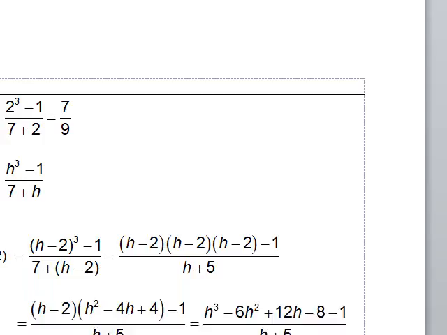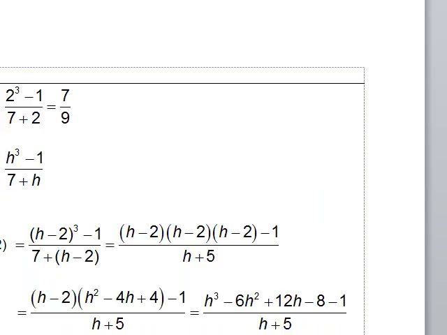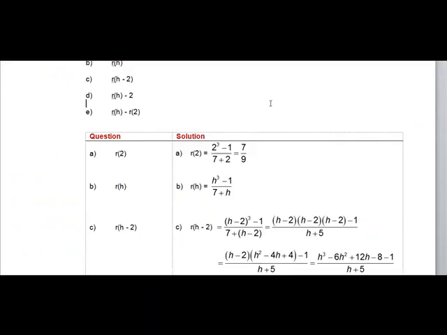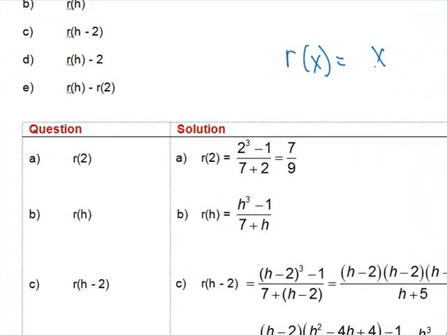Third problem, third example. R at h minus 2, so it's r at the quantity h minus 2. So again, we go into where the variable x was, and every place we saw that, we substitute in h minus 2. And again, remember the function was r at x equals x cubed minus 1 over 7 plus x.